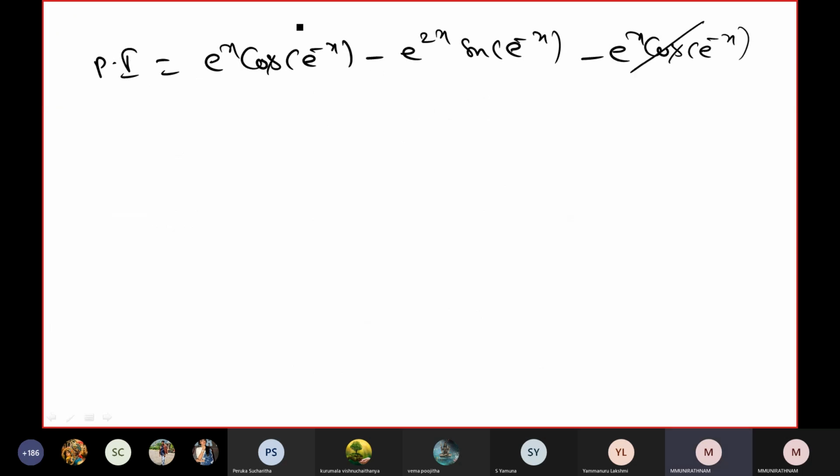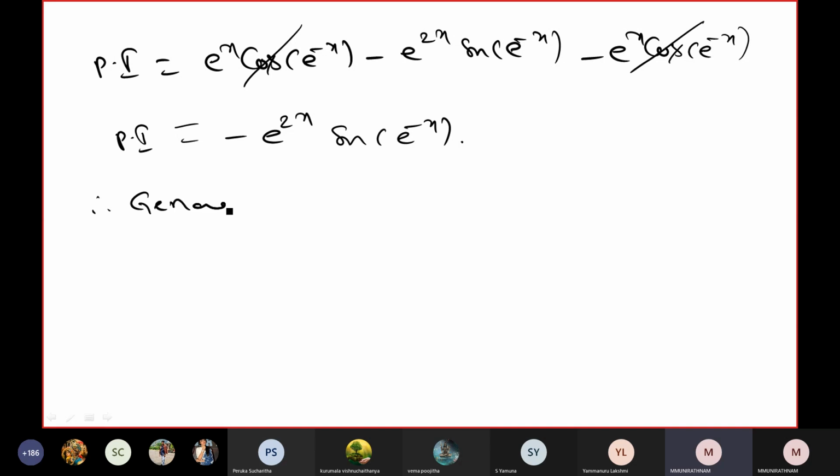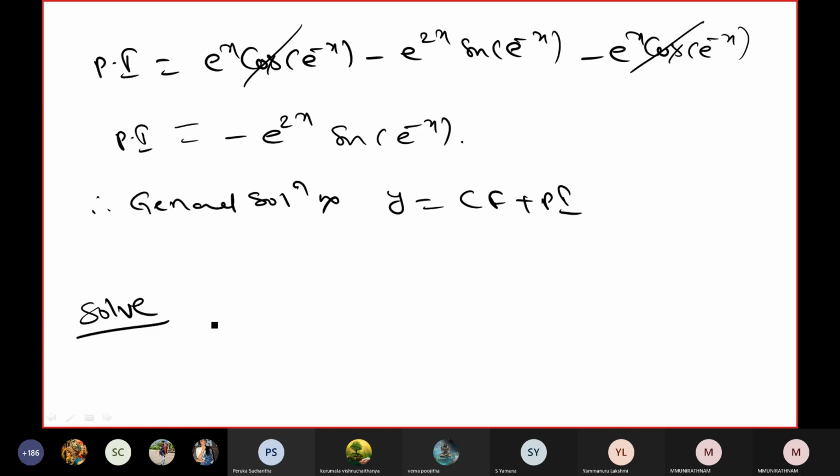Both will cancel. So this is my PI. Therefore, the general solution is CF plus PI. Replace what CF is, and replace what PI is.